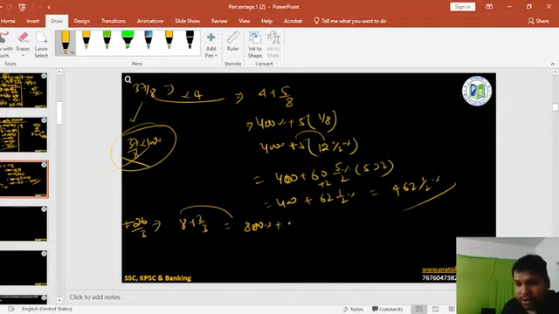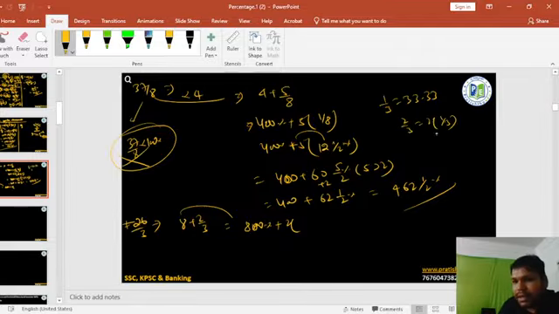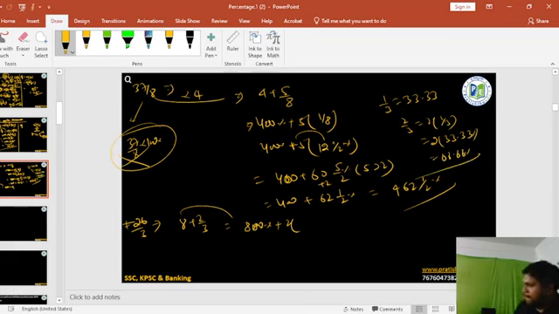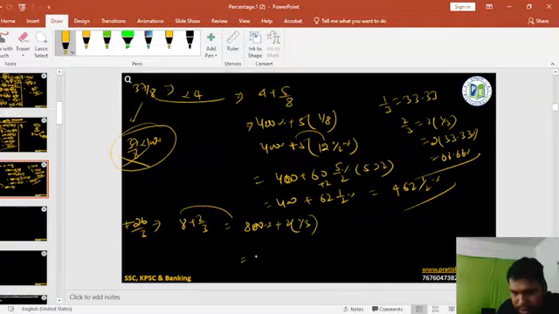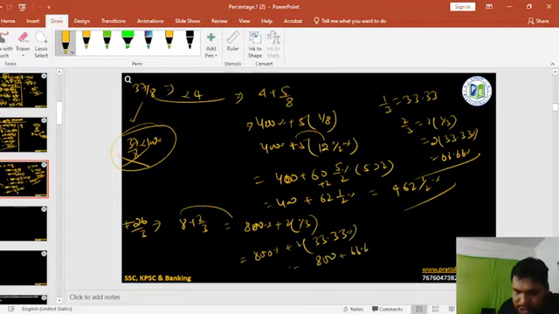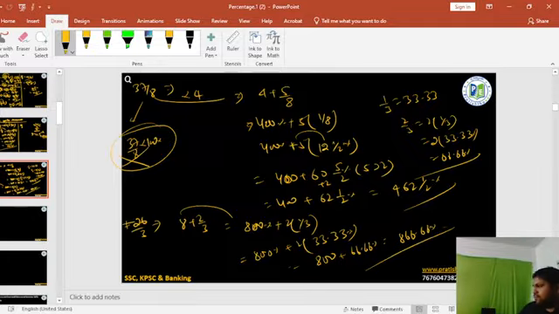And 2 by 3 is how much? 2 into 1 by 3, which I can write directly as 66.66%, because 1 by 3 is 33.33%. So 2 into 1 by 3 means 66.66%. Write it down: 800% plus 66.66% is 866.66%. Done.